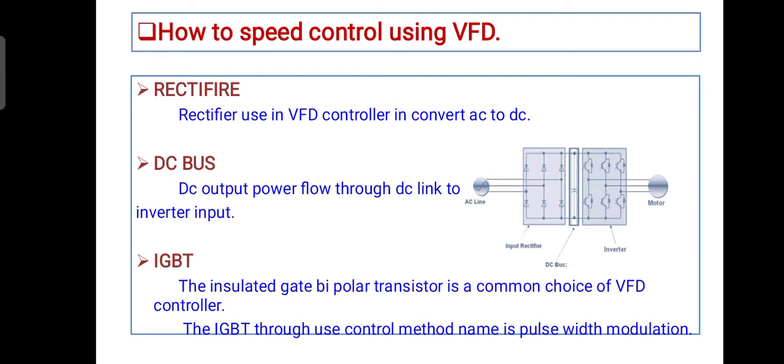DC bus: the DC output power flows through the DC link to the inverter input. IGBT: the insulated gate bipolar transistor is a common choice in a VFD controller. The IGBT is controlled using a method called pulse width modulation, PWM.